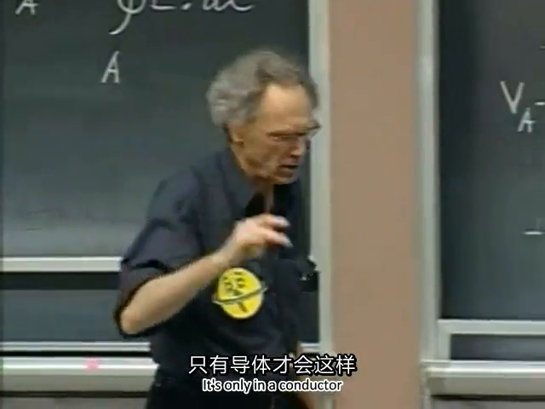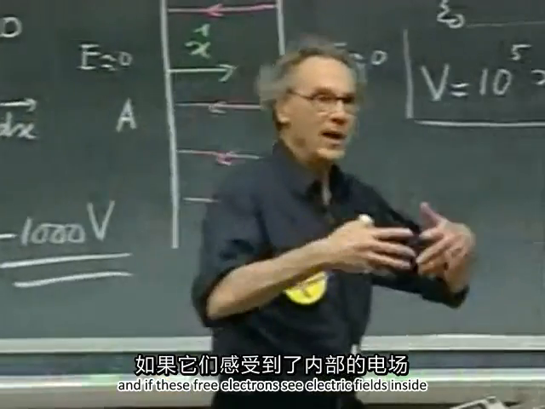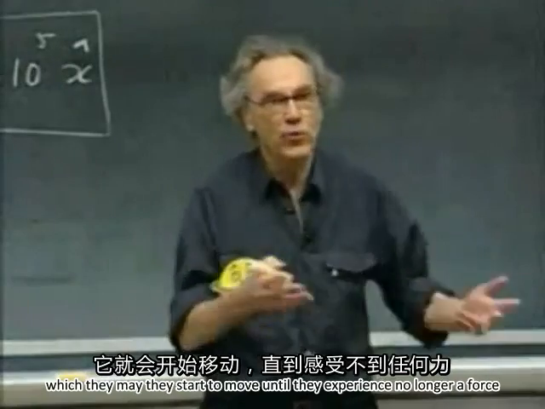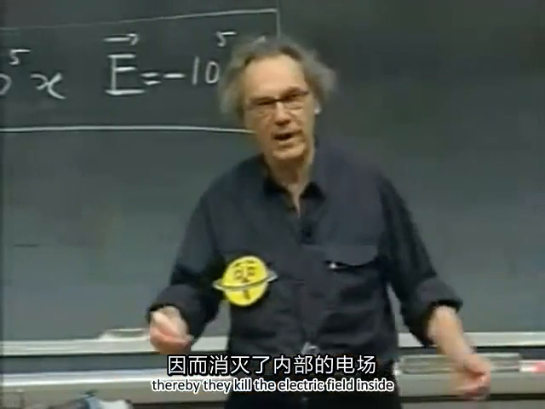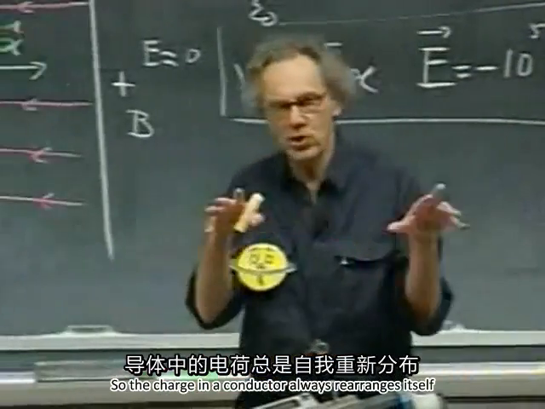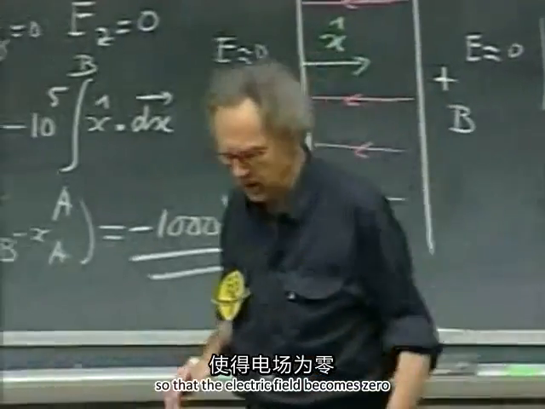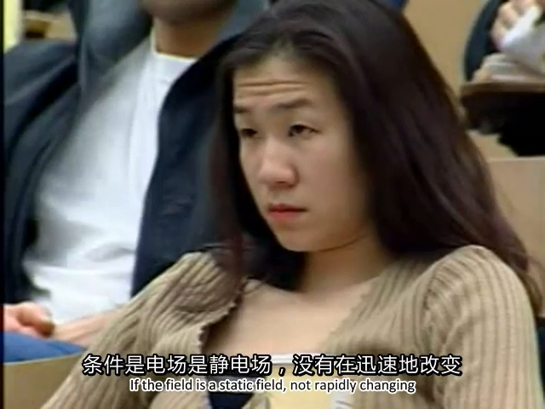It's only in a conductor, because conductors have free electrons to move, and if these free electrons see electric fields inside, which they may, they start to move until they experience no longer a force, thereby they kill the electric field inside. So the charge in the conductor always rearranges itself so that the electric field becomes 0, if the field is a static field, not rapidly changing.